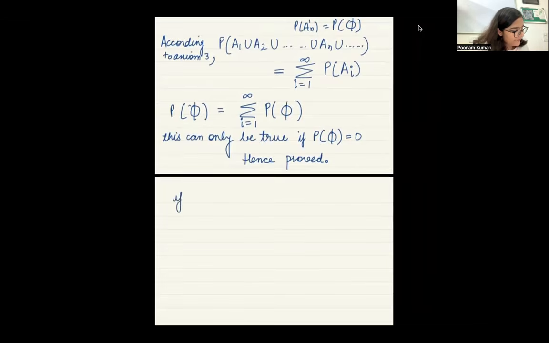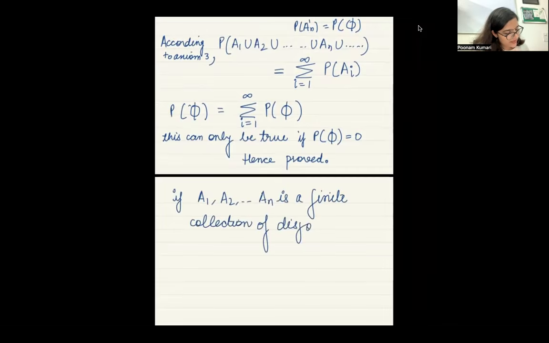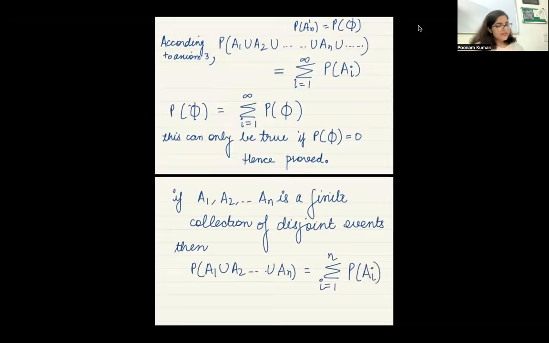That if A1, A2 up to AN is a finite collection of disjoint events, then probability of A1 union A2 up to union AN is nothing but summation I going from 1 to N probability of AI. This is the statement.